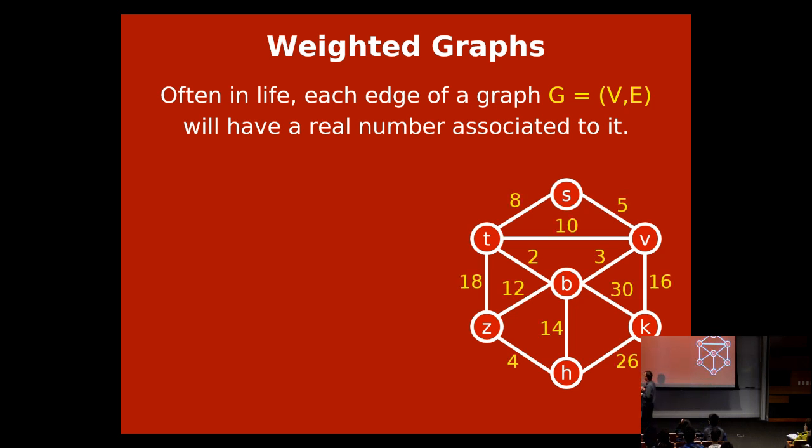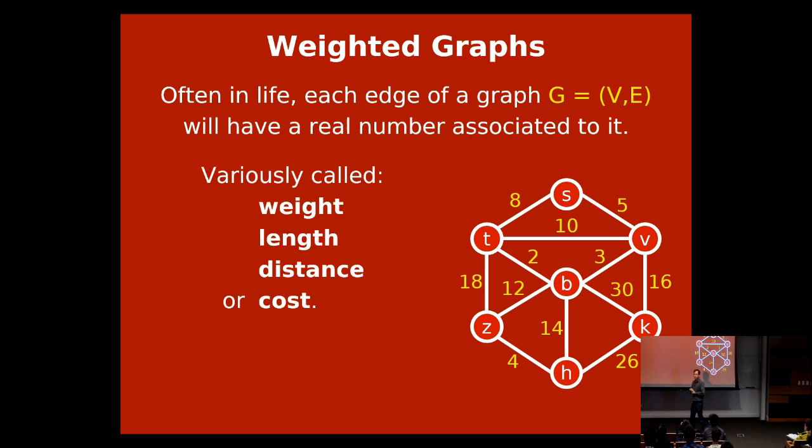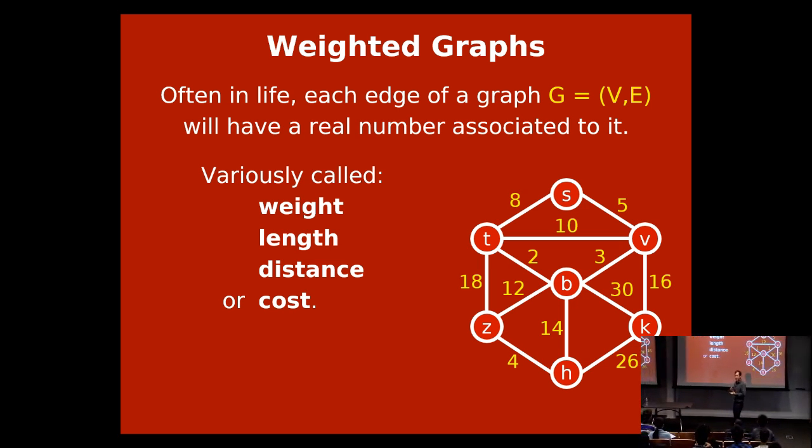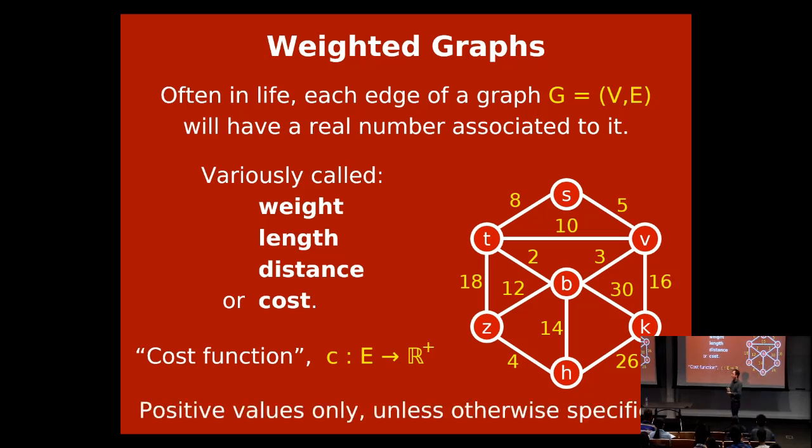This real number is often called various things depending on the application, like weight, length, distance, cost. It's some price for the edge. We'll mostly say cost. Formally, a cost function is a mapping from each edge to the real numbers, and we're going to assume that costs are positive unless otherwise specified.